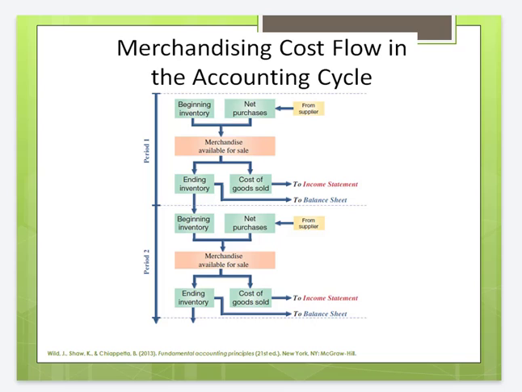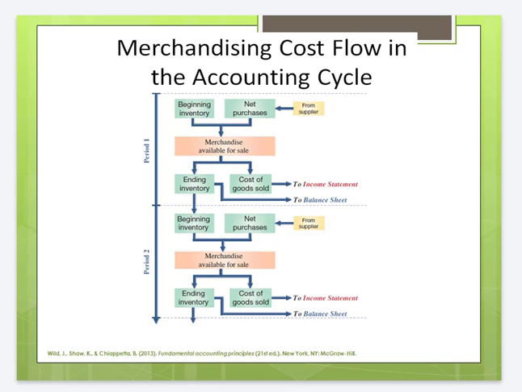We then split that into two, the portion that was sold and the portion that was not. The portion that was sold, again, those costs go into the cost of goods sold account, which is an expense account on the income statement. The items that were not sold, that cost is going to remain in ending inventory, which is a current asset on the balance sheet. Okay?